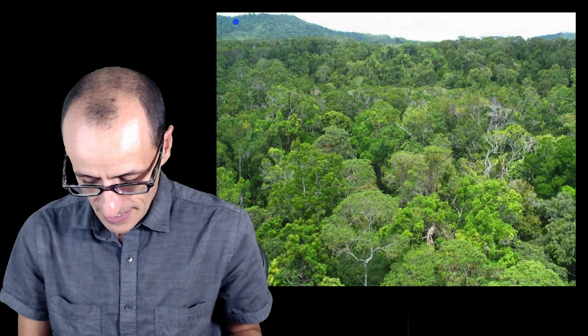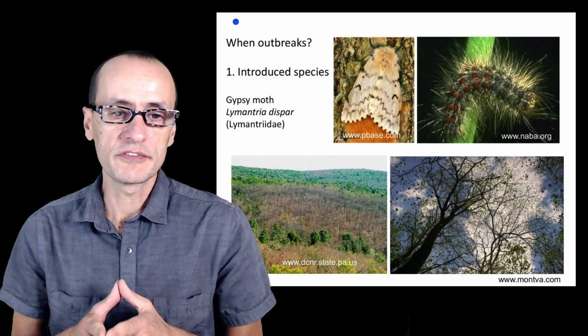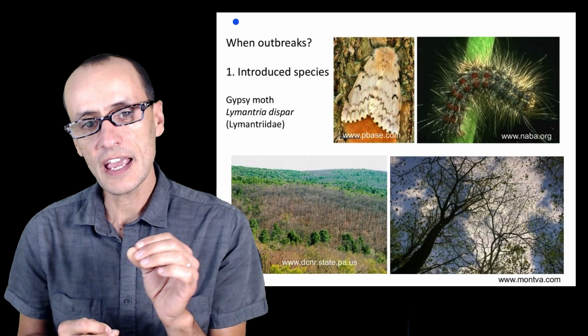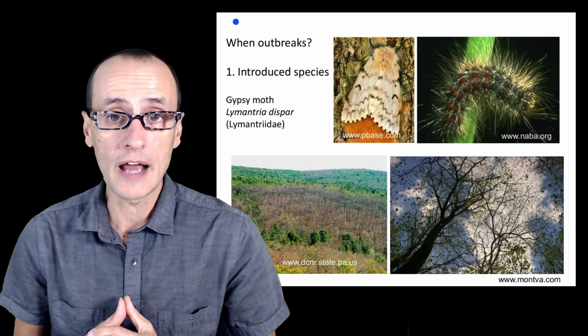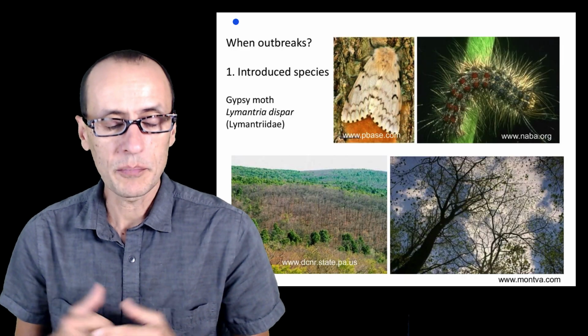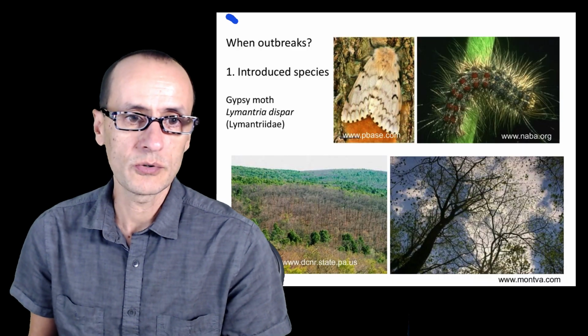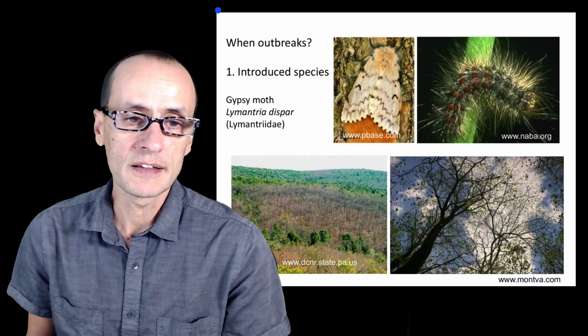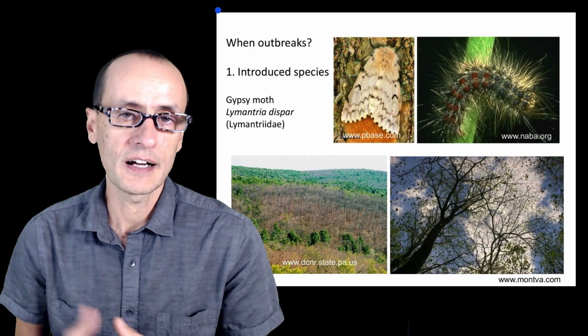And they categorized them into the following examples. They said, often when we see this kind of defoliation happening, it's in the case of species being introduced into an area where they're not native. For example, the gypsy moth here. This was a species introduced into North America in the late 1800s to try to start a domestic silk industry.